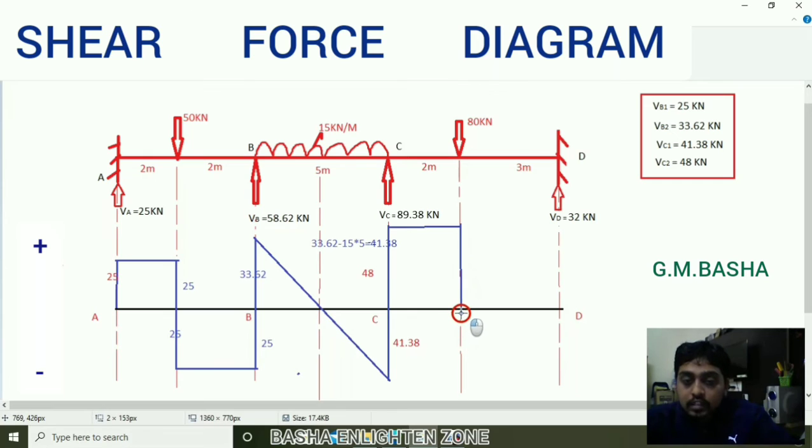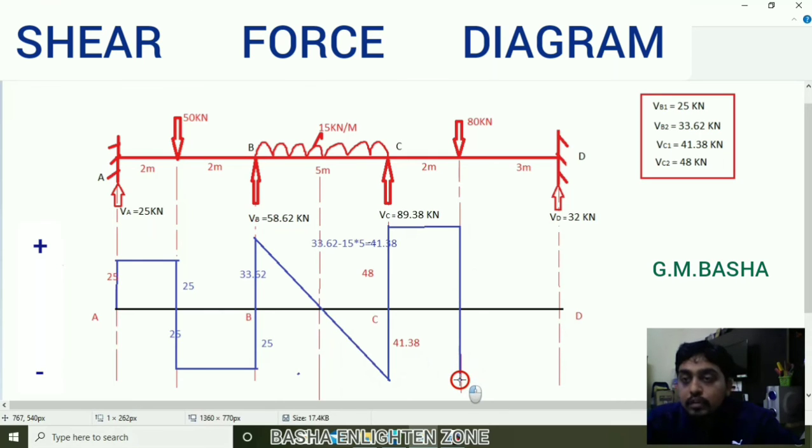See here friends, up to here it will be 48, and downwards I am taking 80, somewhere greater than this 25 and in between this 41.38. So I am taking somewhere here.